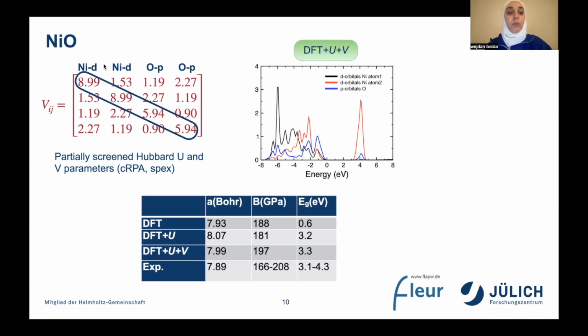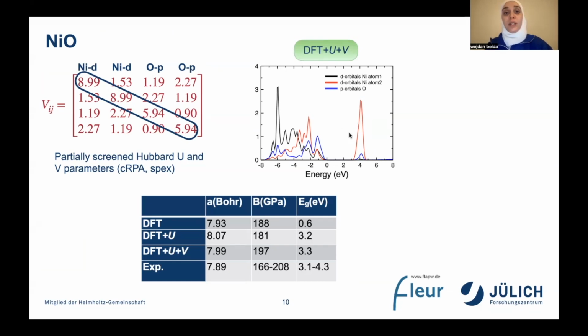So we put all these interactions into our DFT+U+V calculation, and we perform this calculation, and out of it, we have the density of states.